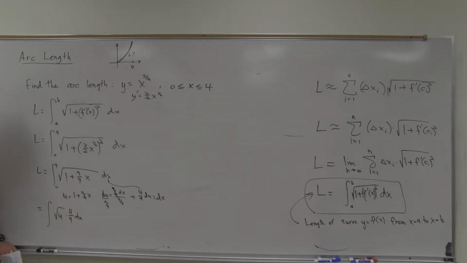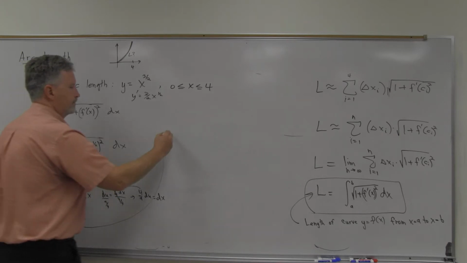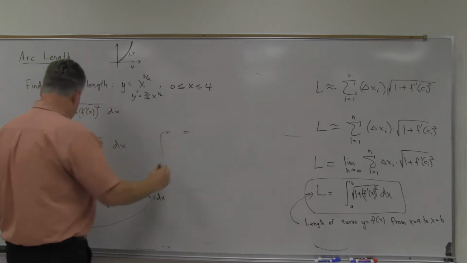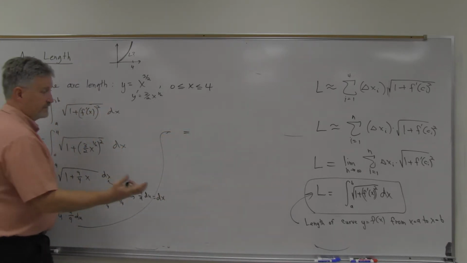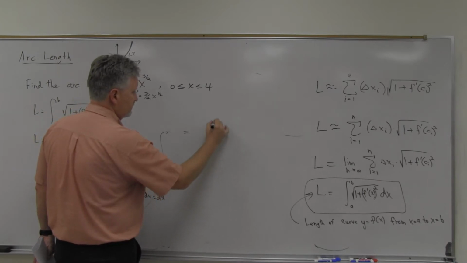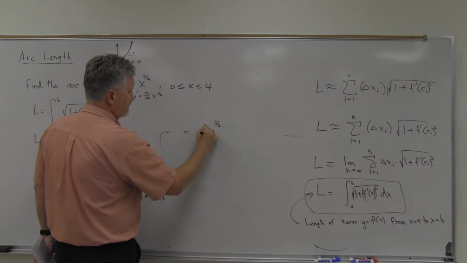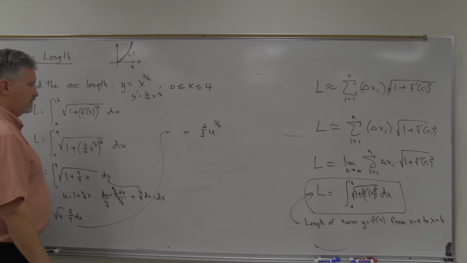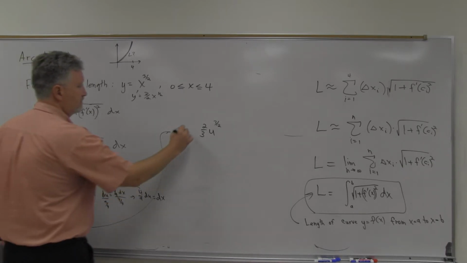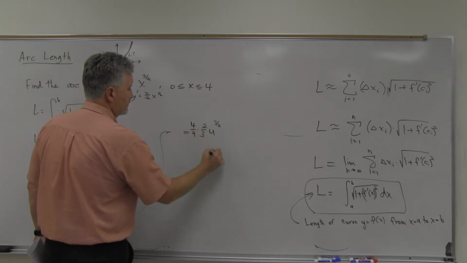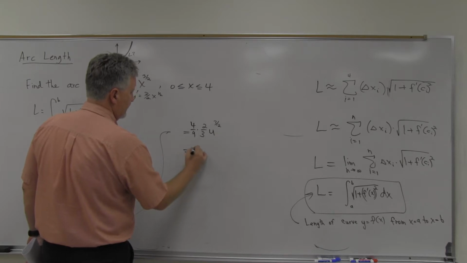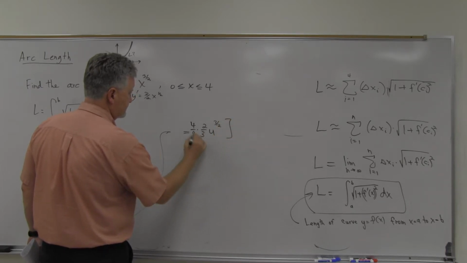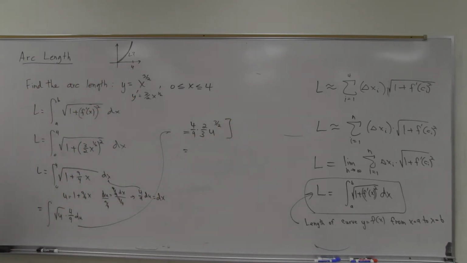Simple antiderivative, isn't it? Square root of u is u to the 1 half, so the antiderivative would be u to the 3 halves. Got to do the reciprocal. Oh, don't forget the 4/9. But then evaluate that, it's 4/9 times 2/3 u to the 3 halves. That's the antiderivative here, because that's u to the 1 half. With me there?